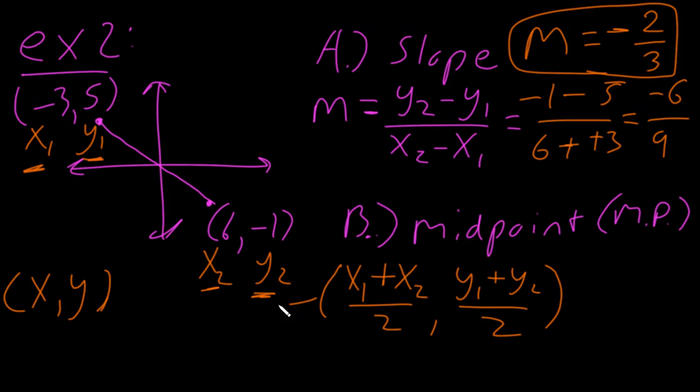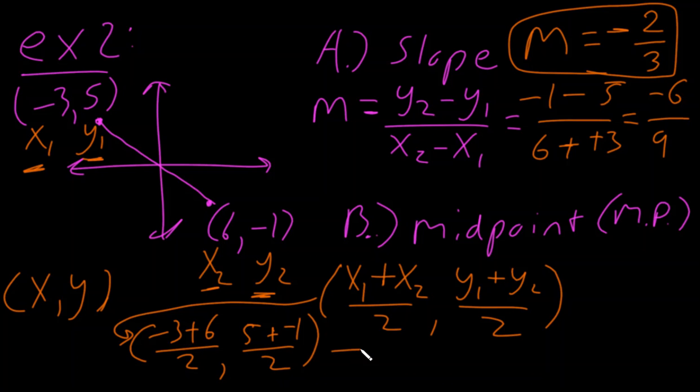So I'm going to bring this down here, and let's see, our x1 value is negative 3 plus 6, our x2 value, all over 2, comma, and our y1 value will be 5 plus negative 1, our y2 value, all over 2.